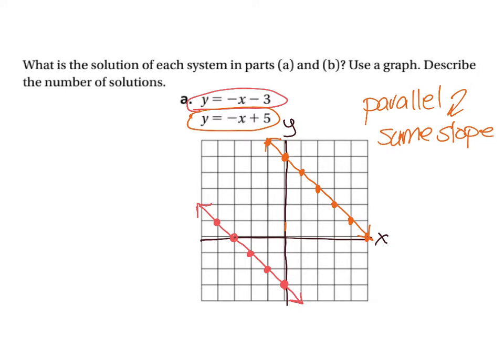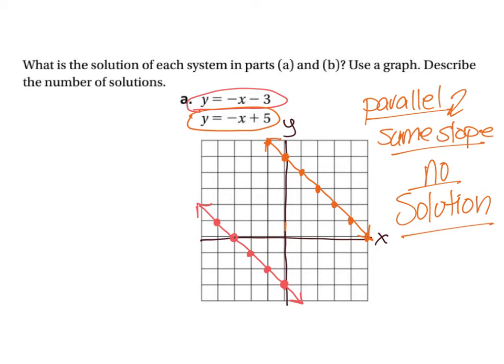And if our solution is where they cross, if they're not ever going to cross, then what does that tell us? No solution. Okay? So parallel lines have the same slope, which means in turn they have no solution.